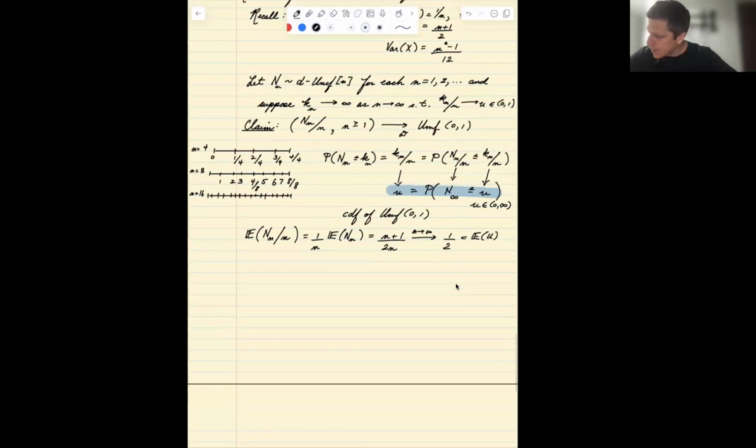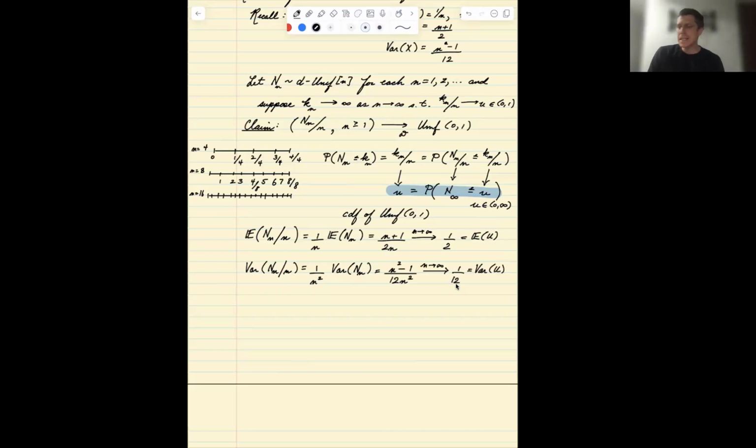And the variance of this variable is 1 over n squared times the variance of N sub n, right? So this was (n squared minus 1) over 12 n squared. That's going to converge to 1/12 as n goes to infinity, which is again the variance of the uniform.